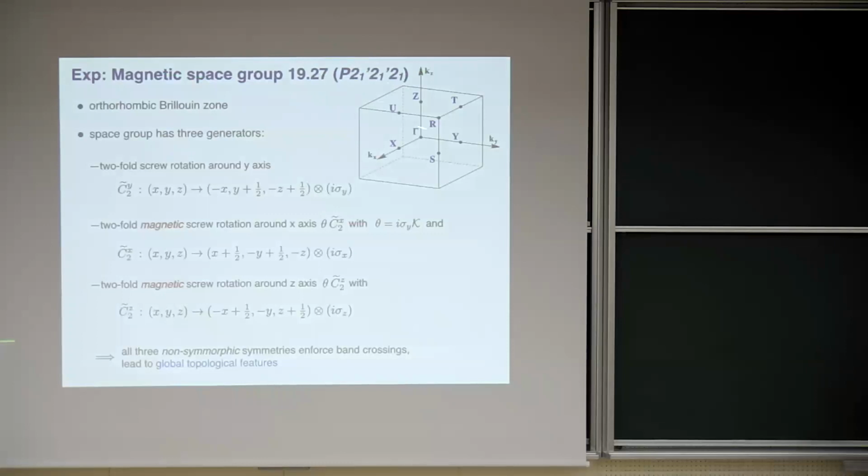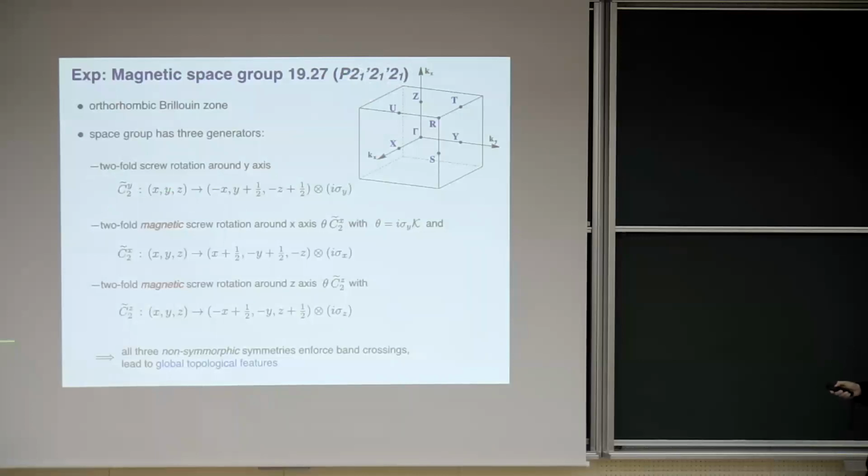In this case, it's an orthorhombic Brillouin zone, and the space group is generated by two magnetic screw rotations. So this prime means it's a magnetic screw rotation, and by one regular screw rotation. And so these are shown here explicitly. So we have a regular twofold screw rotation.